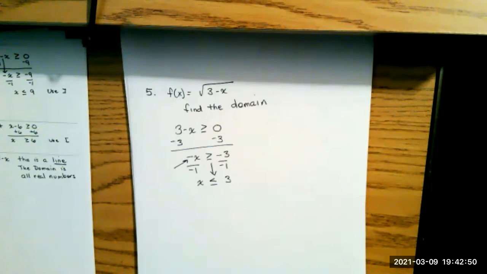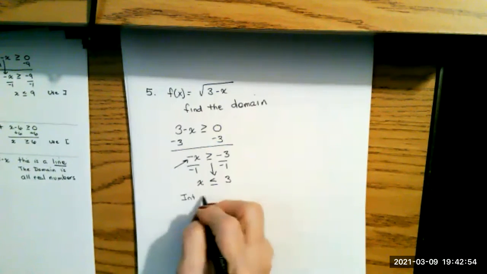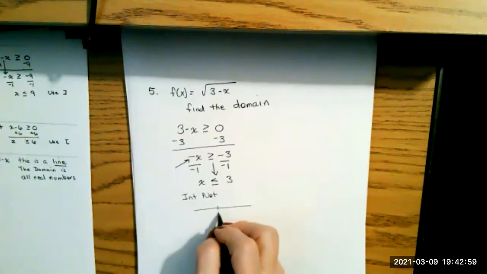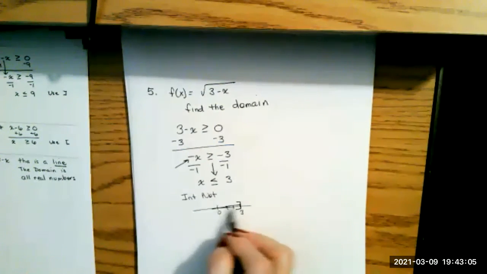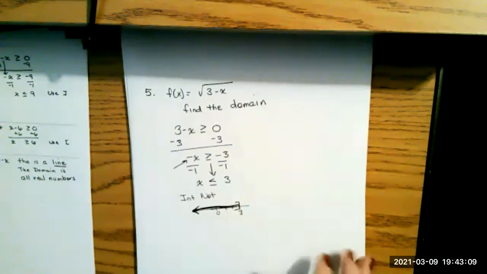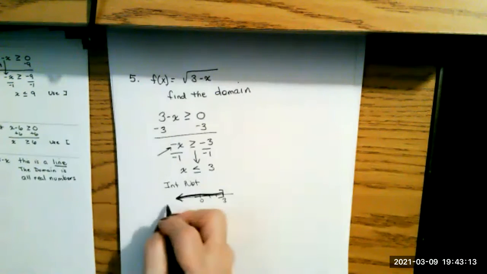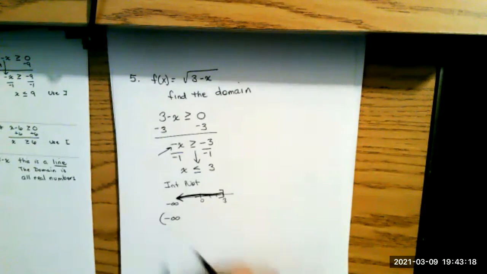Okay, now then, they're going to ask you to put the answer in interval notation. So let's see what it looks like on the graph. Here's 3. It would be a bracket, and it's less than now. It used to be not, but it's now. So it looks like that. Now go left to right for interval notation. Down here is -infinity, and you always use the parentheses with -infinity.